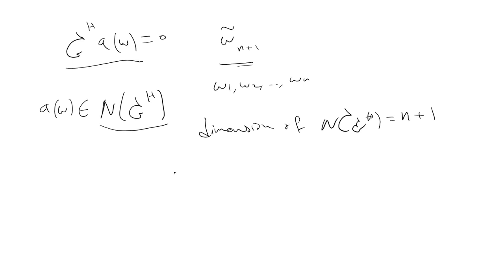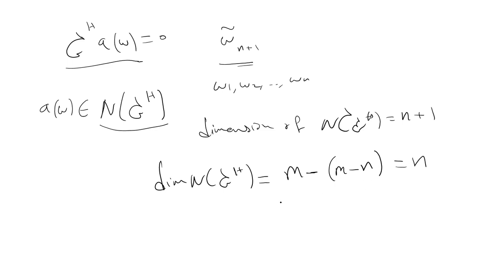But this cannot be true because the dimension of the null space of G Hermitian equals M minus the rank of G Hermitian, M minus (M minus N), which is N. So there is a contradiction, and we conclude that only the frequencies omega 1, omega 2, and omega N can belong to the null space of G Hermitian.